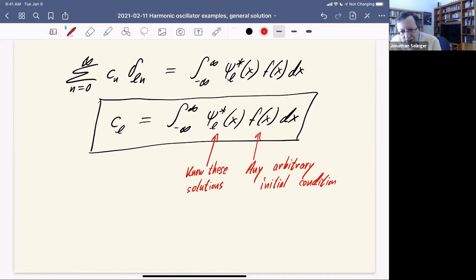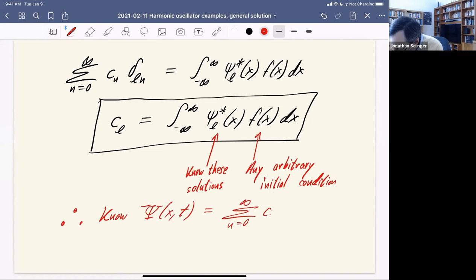And then if we have the CL coefficients, then we know the general solution, psi of x and t, which is the sum of the C coefficient times psi n of x times its exponential factor.